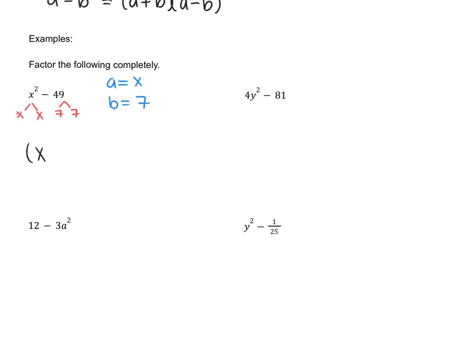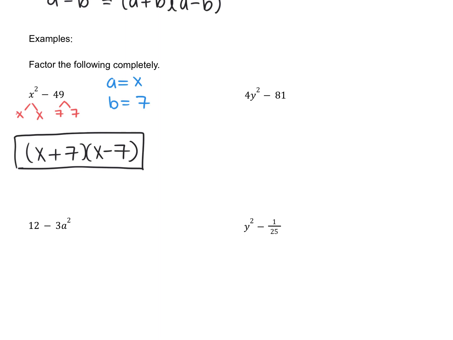So it's going to factor as x plus 7, x minus 7. What makes these special is that when I distribute, my x term ends up canceling. And the only way for my x term to cancel is if you have two numbers that are the same, but one of them is positive and one of them is negative.